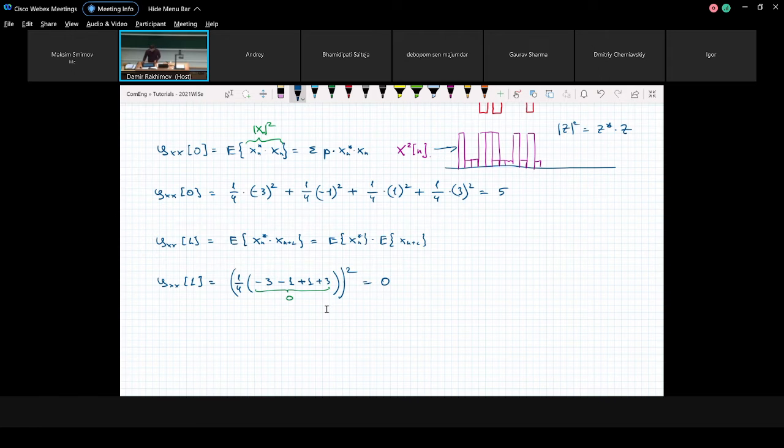And also you can do it explicitly. You can just take your sequence x of n and write all possible outcomes for this sequence: -3, -1, 1, 3. Then you take sequence x of n plus L, which means you just take another symbol. What are the possibilities for the second symbol? All the same options: -3, -1, 1, and 3.